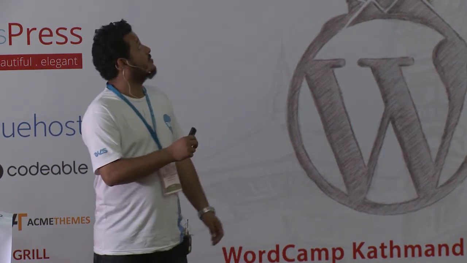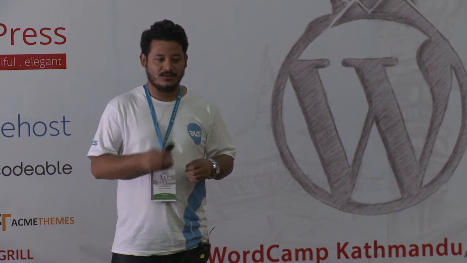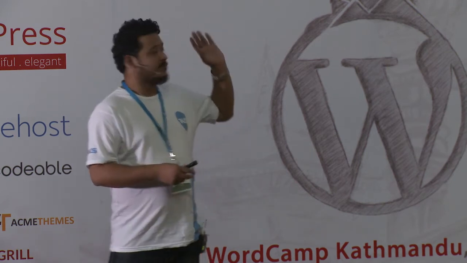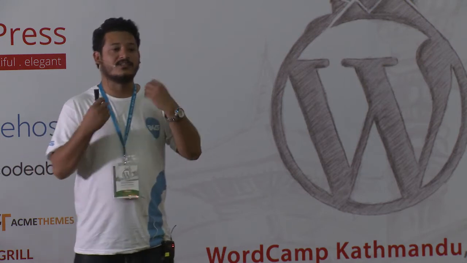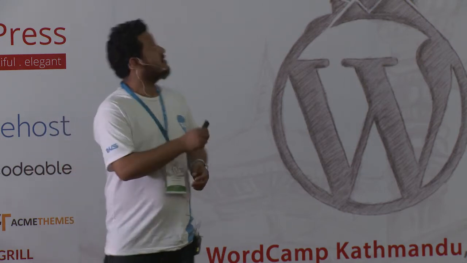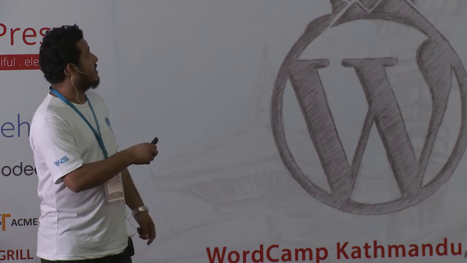First, I have here blogs, blog versions, registration, signups. These are the extra tables that we get when we activate WordPress multi-site. So these are simple tables. When we add a new site to the network, we get an extra set of tables. These are the same tables, but they are prefixed with the ID of the site.